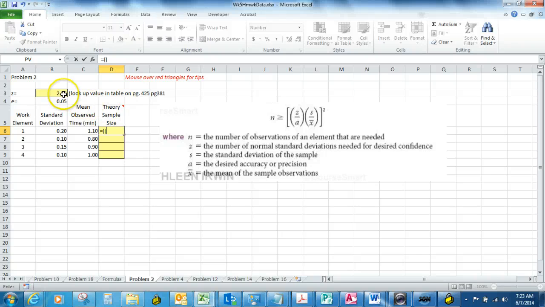So it's our Z divided by RE, close parentheses. Then we multiply that by open parentheses, our standard deviation divided by our mean time, close parentheses, close parentheses. Then we do a caret and a 2 and enter.